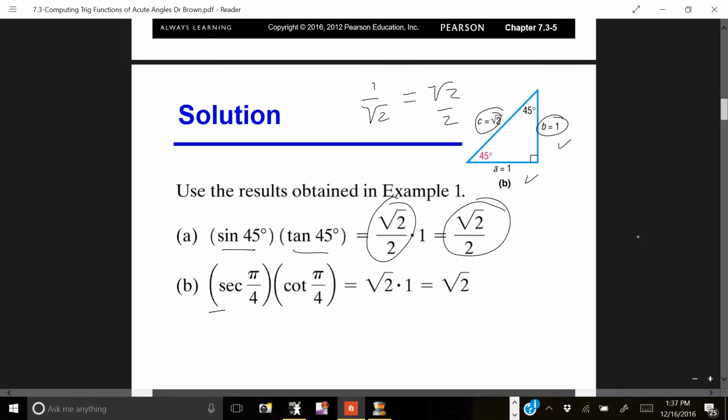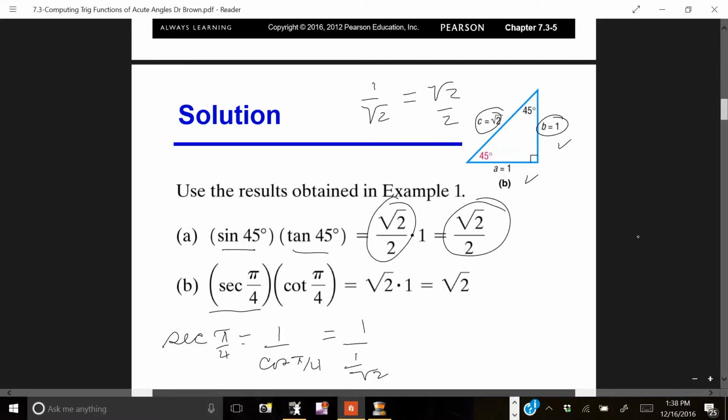Now, the secant of pi over 4 would be 1 over cosine of pi over 4. Cosine of pi over 4 would be 1 over the square root of 2.